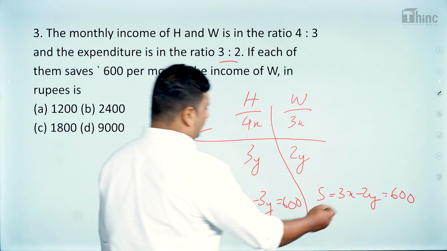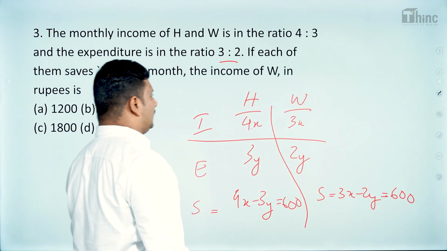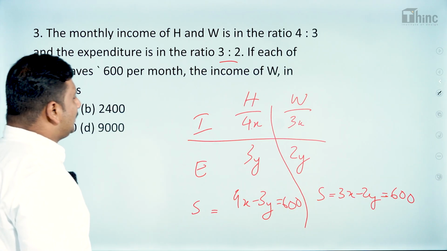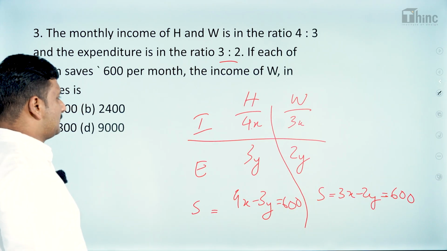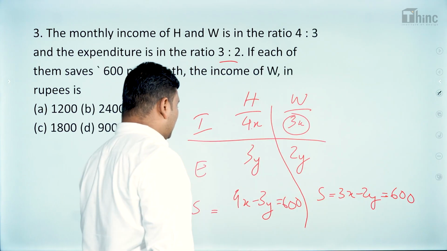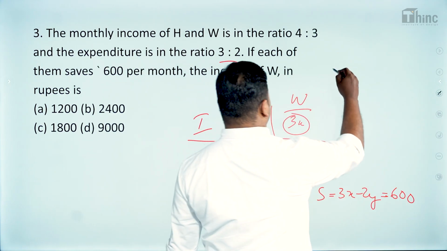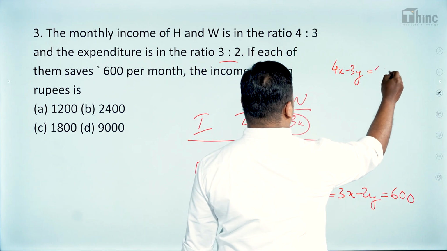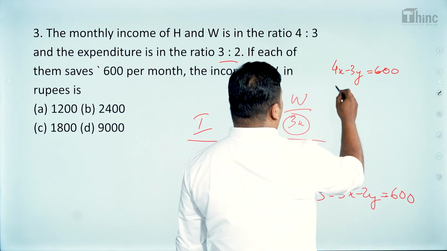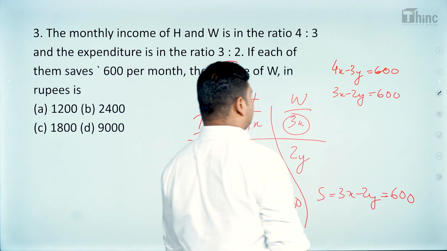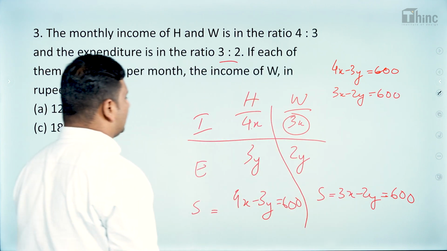So saving of H is 600, saving of W is also 600. We need to find the income of W in rupees, so we need to find the value of 3x actually. So what can we do? We can frame two equations. 4x minus 3y equals 600, 3x minus 2y is also 600. Now we have to solve it up.